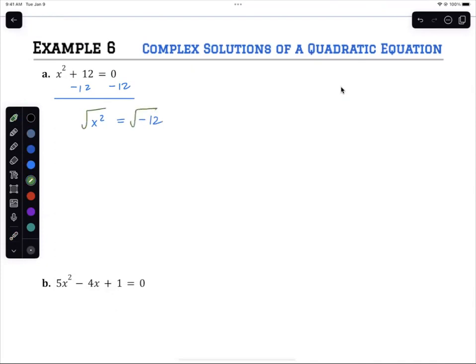Square root both sides. You're going to get x is equal to plus or minus. Okay, square root of negative 12 is the same thing as i square root 12, which means that 12 we can simplify as 2i square root of 3. So this is plus or minus 2i square root of 3.